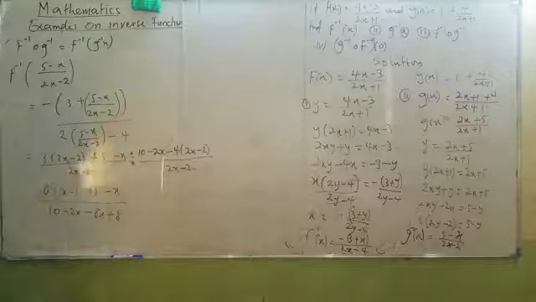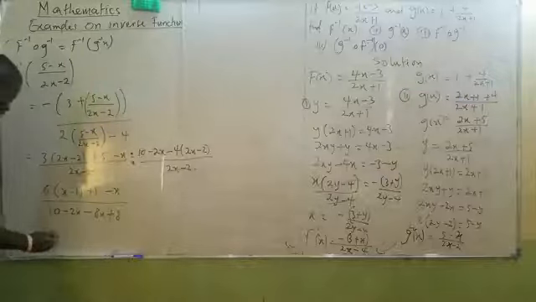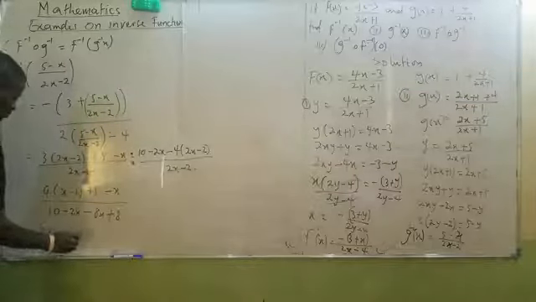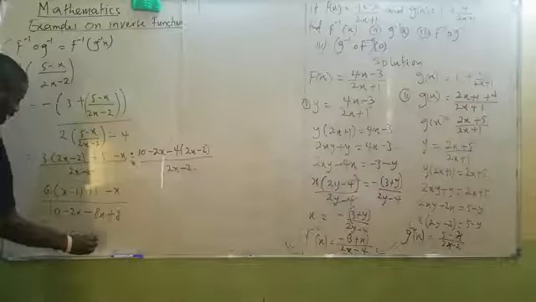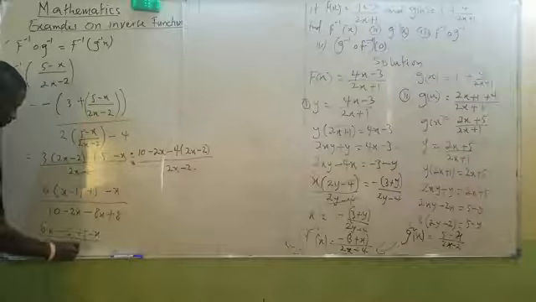That is what we are trying to do there. By so doing, I can continue by having 6x minus 6 plus 5 minus x divided by 10 minus 2x minus 8.